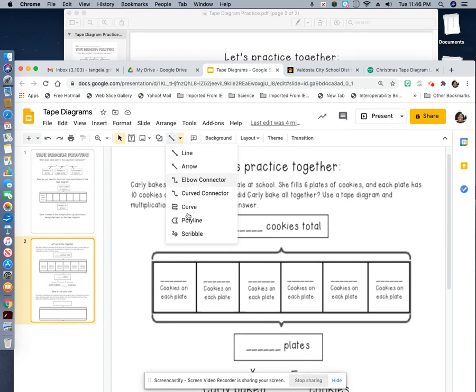Okay, so I'm going to use a scribble tool here. All right, so I like to use a strategy that's called the cubes method. The C stands for circle the numbers in the word problem. The U stands for underline the question. The B stands for draw a box around the keywords that tells you what operation to do.